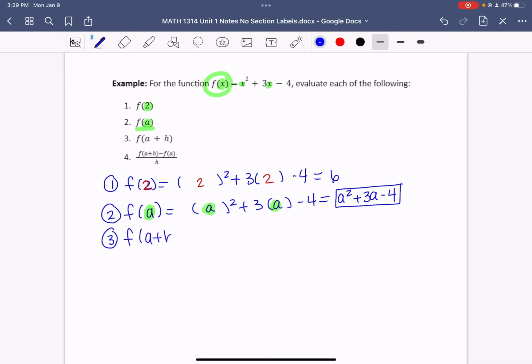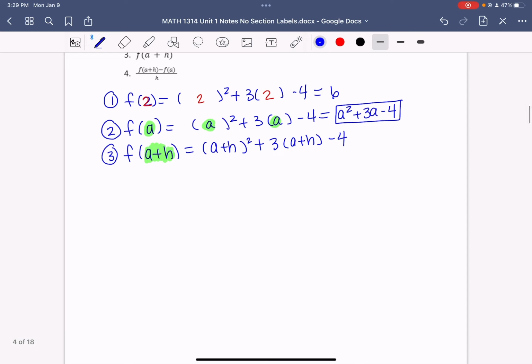Number 3, they amp it up a little bit. F of a plus h. So again, they have changed their x to an a plus h, so I'm going to follow my same steps. Open parentheses squared plus 3 times open parentheses minus 4. I'm going to plug in the a plus h into my parentheses, and then I'm going to simplify this up. Now with this one, I can actually square out this a plus h.